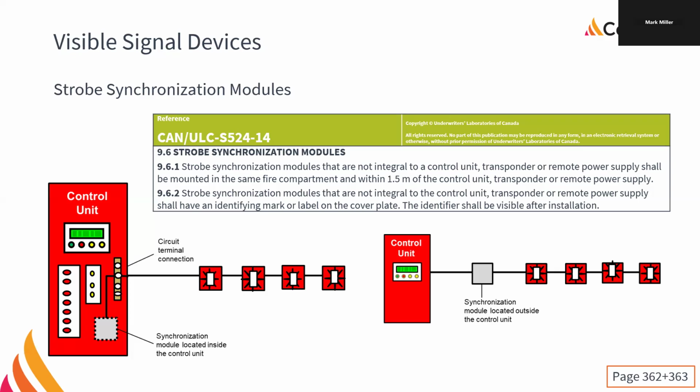So Edwards just seems to struggle with that. But again, that's for whatever you can see from one specific point. Well, most of us can't see through walls. I don't know if any of you are superheroes. So if it's on the other side of a wall, it's not an issue. It's all the strobes that you can see from any given point.